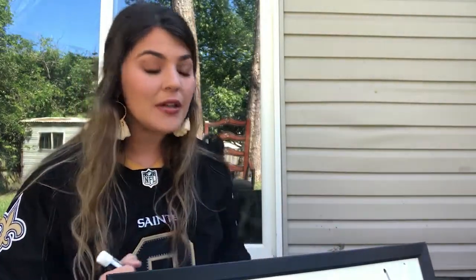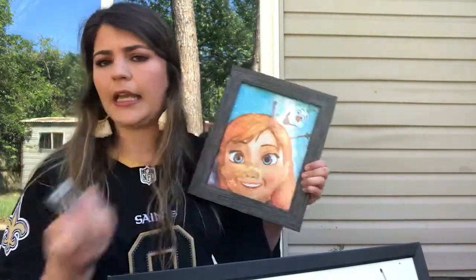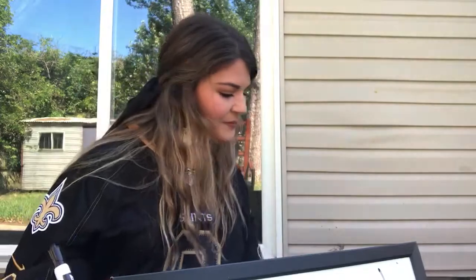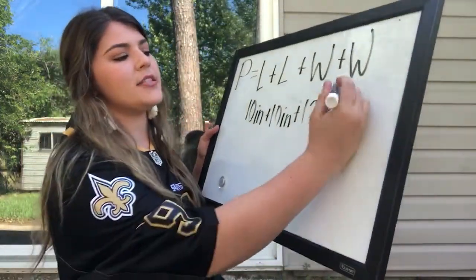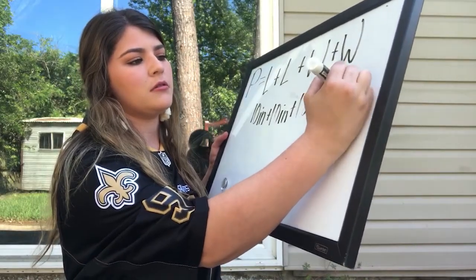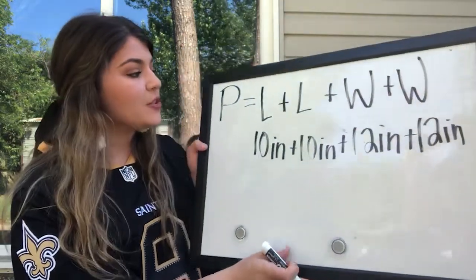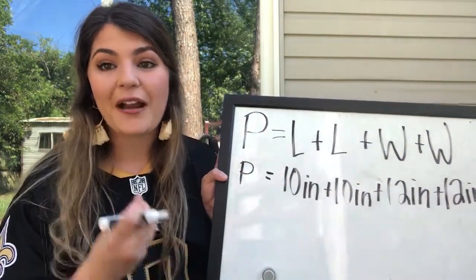And again, because it's a rectangle, we know that our parallel sides are equivalent. And again, if you weren't sure, just measure that other side and it'll give you 12 inches. So that last W, 12 inches, okay?